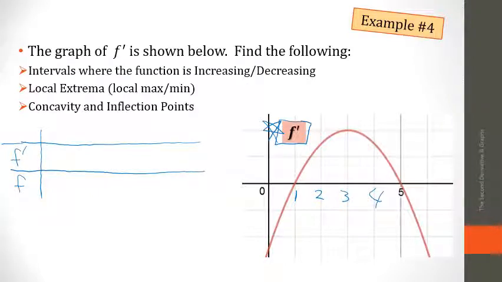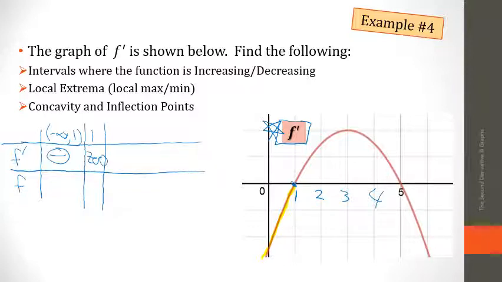Okay, so what happens to the derivative first? Well, for this lower part here, the derivative is negative. So the derivative is negative for the interval from negative infinity to 1. Then at 1, the derivative is 0, right? Do I agree that there's a 0 right there?